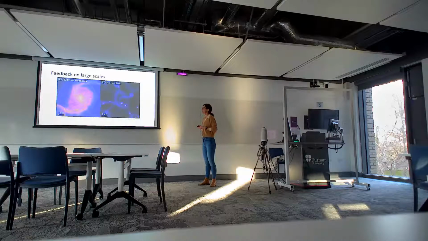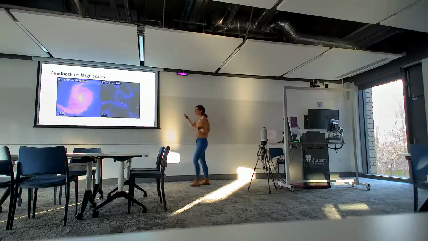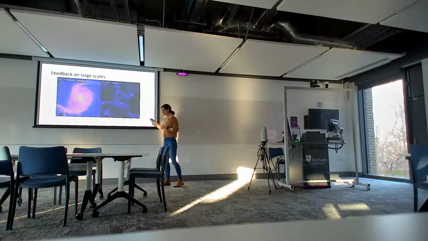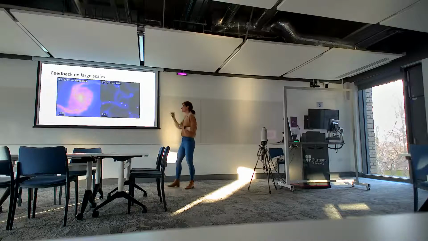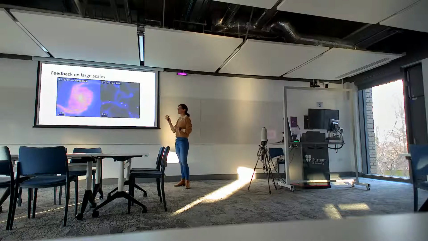On large scales, feedback is also really important, and this is my slide to convince you of that. Now, this is a simulation. It's the same simulation run twice, and this is a simulation of a galaxy that is trying to form stars. The difference between these two final snapshots of the simulation is the following.